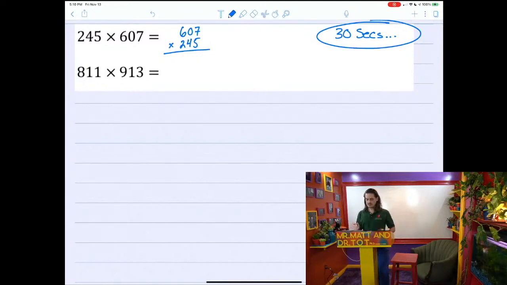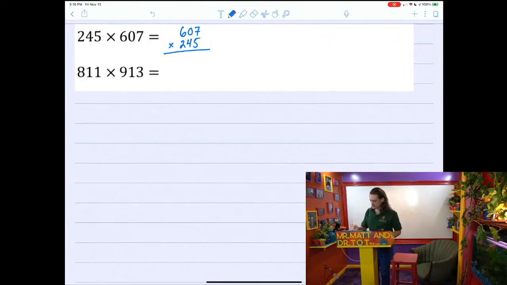Okay, so let's look at these two problems. I'm going to rewrite this bottom number in different colors just to make it most clear. Okay, so we have 245 times 607. So let me start with the ones digit of 5. 5 times 7 is 35.